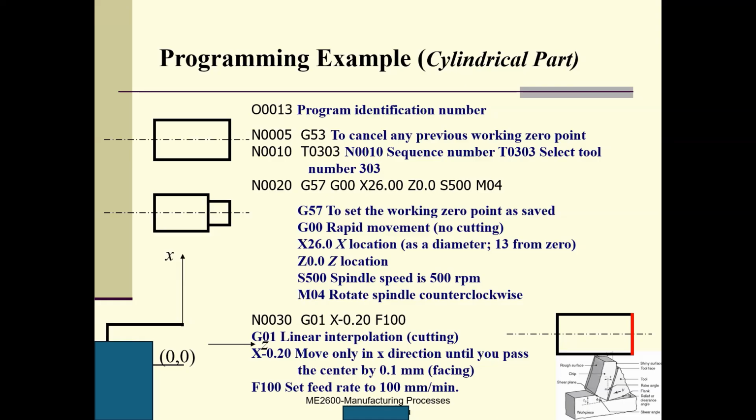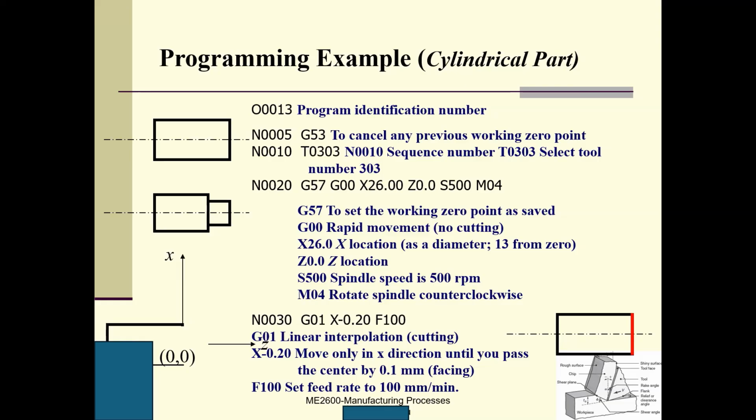If the Z is not specified, what does that mean? Okay, you can see here these are the 2 coordinates, but here I only specify 1. It means that my Z value does not change. You understand?